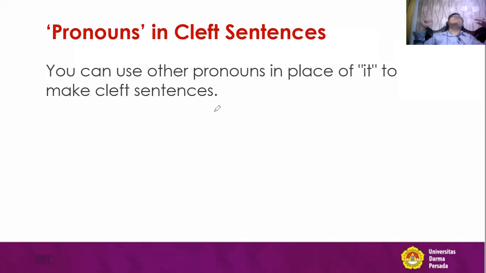The purpose of using a pronoun is to replace it. You can use other pronouns in place of it to make a cleft sentence. So we don't begin the sentence with it, but with the pronouns. Let's see the examples.